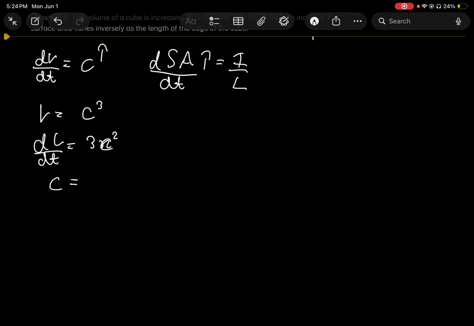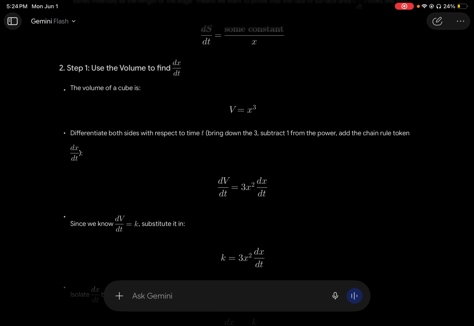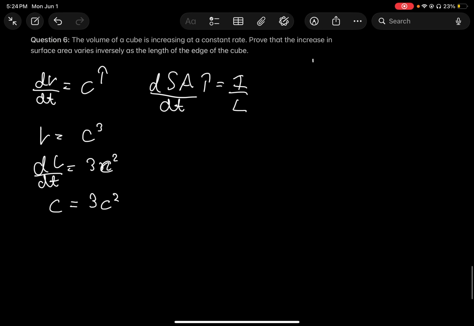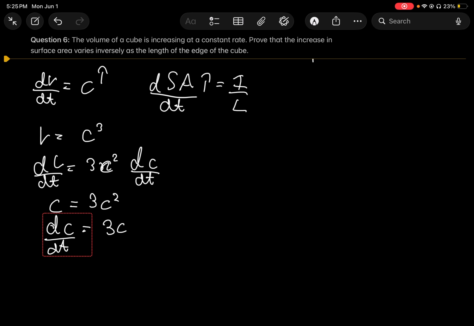C is equal to 3c squared. Now can I cancel one c out? Can I? Let's see what ChatGPT has to say. Oh wait, I'm so stupid. How could I forget? dc by dt. Okay, now I can. dc by dt is equal to 3c, I think.